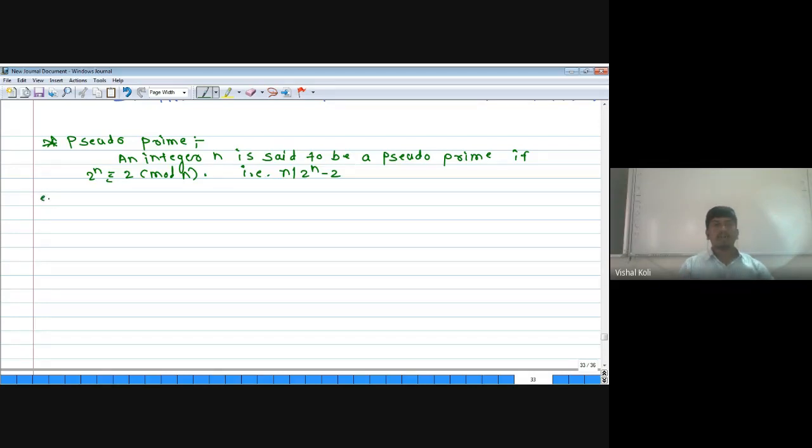Okay, see its example. 341 is the smallest pseudo prime.